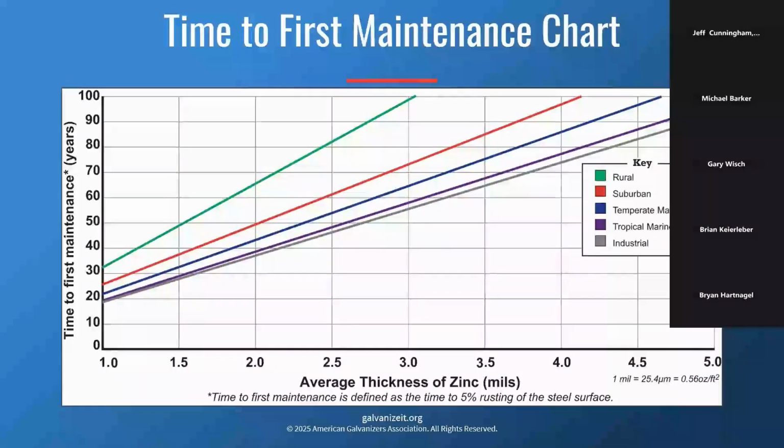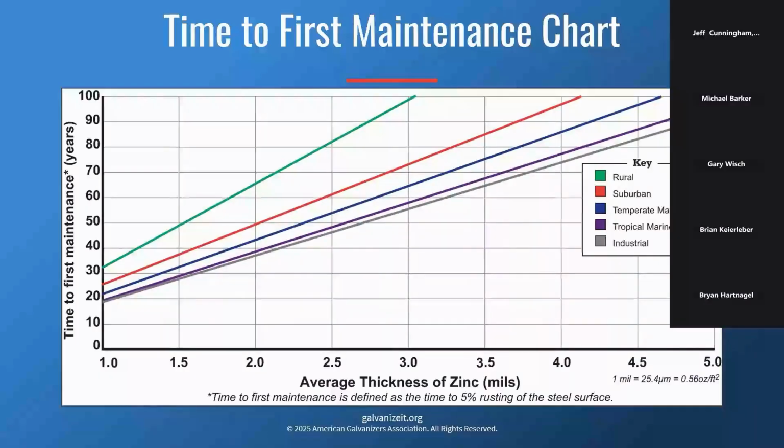Now, ASTM A123 requires at least 3.9 mils of zinc on any structural piece of steel. Typically, I know from pretty much all galvanizers, it's going to be above that, obviously, more like 5, even 6. But let's just say, for sake of argument, we have 4 mils of zinc on our piece, and we're building in an industrial environment, a pretty harsh climate.